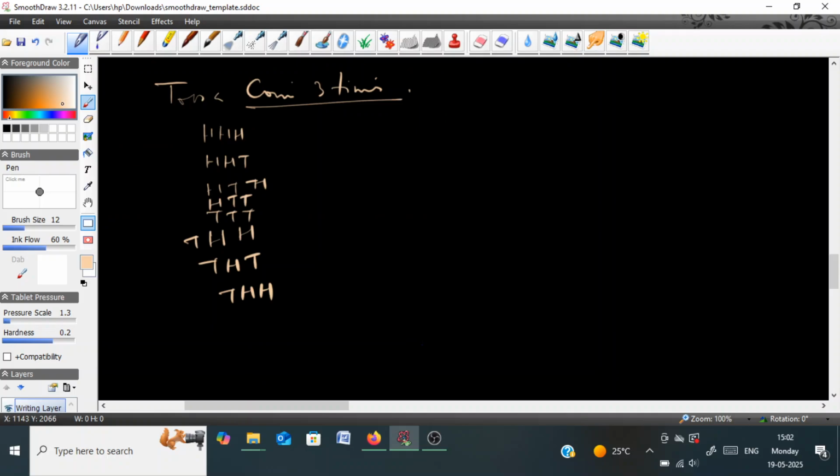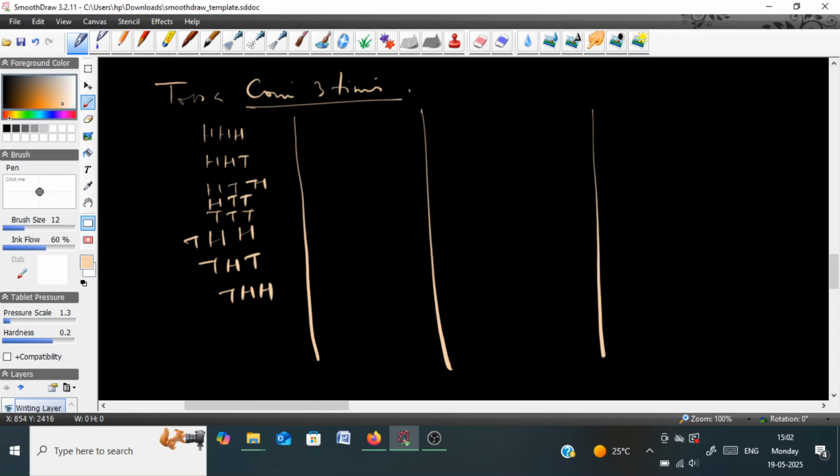Now if you see their probabilities, so number of success, if I write here number of success is 3, because I am basically observing the number of heads in the 3 successive tosses.